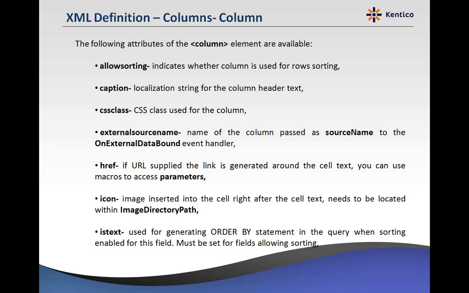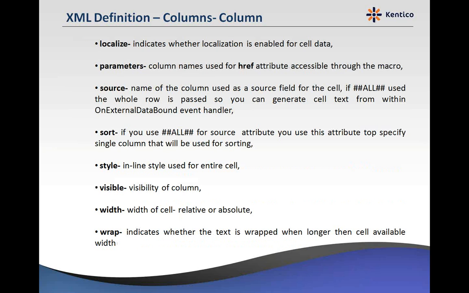So you're not using the parameters collection from the actions section, but instead every column has its own parameters attribute that you can use to specify different columns that then can be accessed through the href attribute. The parameters, you can see there is that parameters attribute I was talking about.